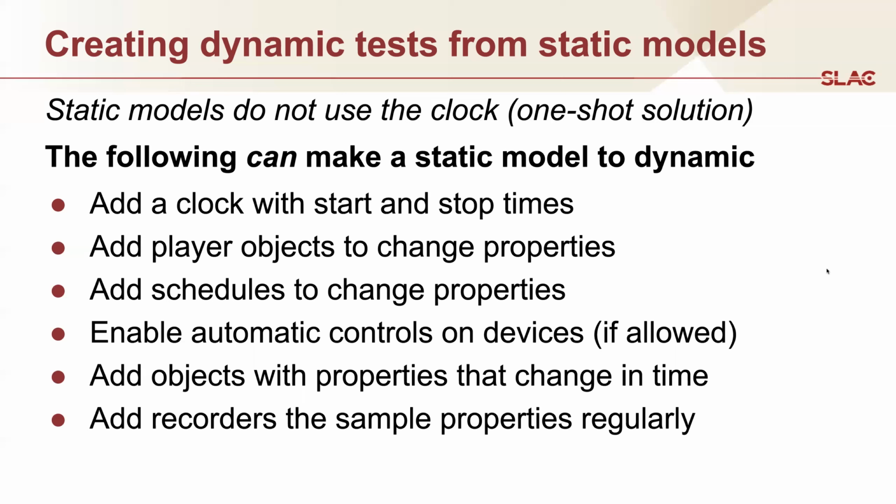But if you're trying to create a static model and it includes a recorder, you'll have to be careful about making sure that the recorder doesn't push the clock forward, because then you won't get that one-shot solution you're looking for unless you specify the clock range that you want the one-shot solution to be over. So that's just things to keep in mind. Of course, the flip side of that is if you want to turn a static model into a dynamic model, doing any of these things will do it. It will cause it to become a dynamic model, and it will cause the clock to advance over time.